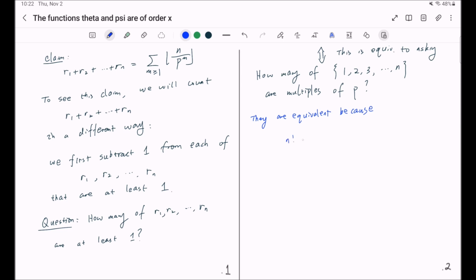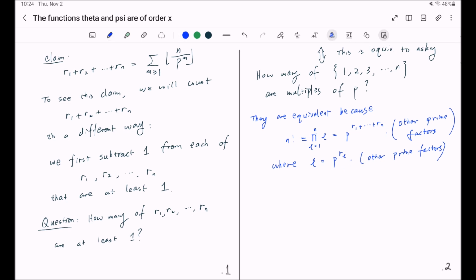Remember, by our construction, n factorial is equal to p to the R1 plus the Rn times other prime factors, where each L is defined as R sub L times other prime factors.